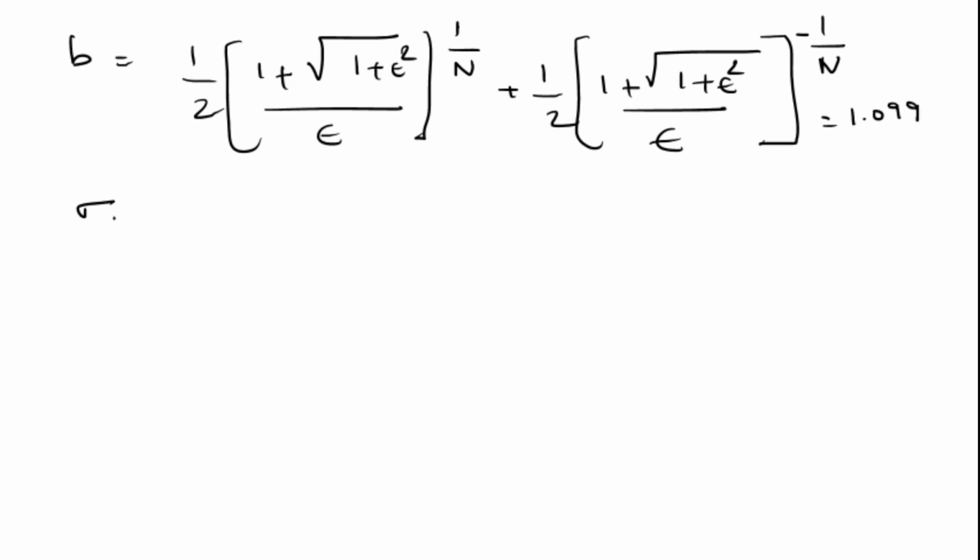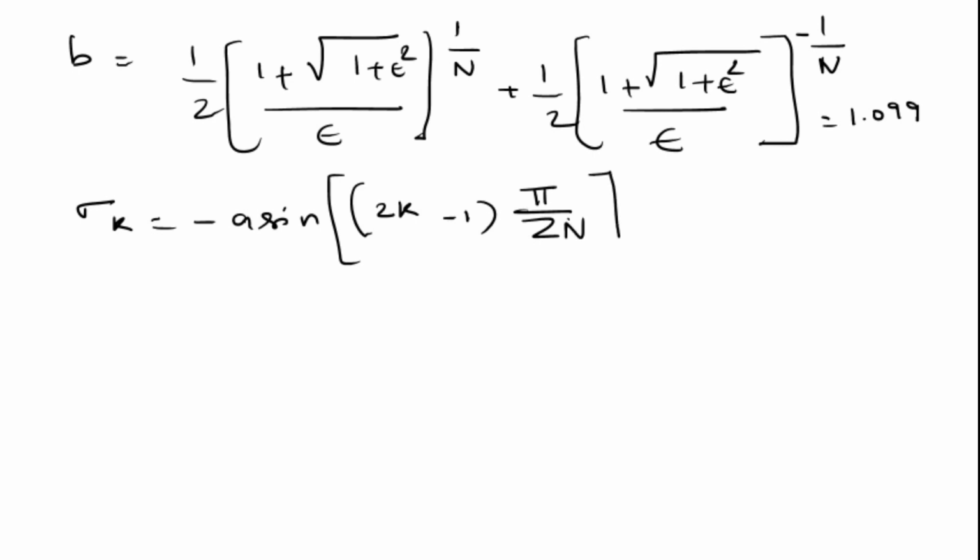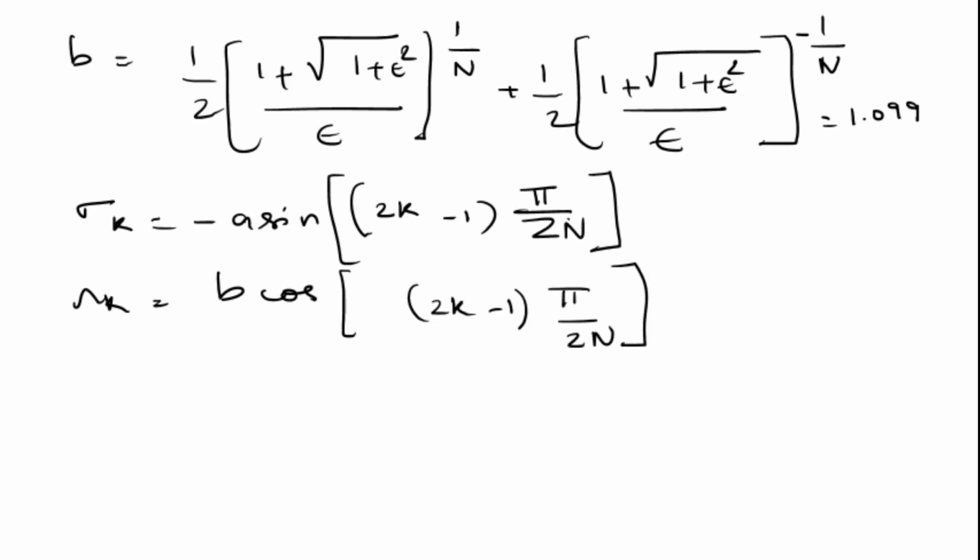Then sigma k is equal to minus a sine of (2k minus 1) into pi by 2n, and omega k is equal to b cos (2k minus 1) into pi by 2n, where k is equal to 1, 2 up to 2n.